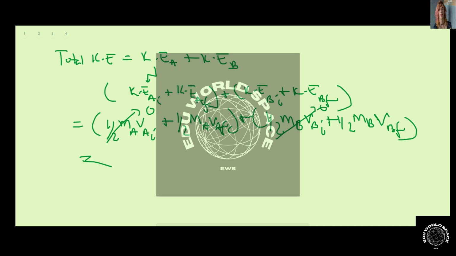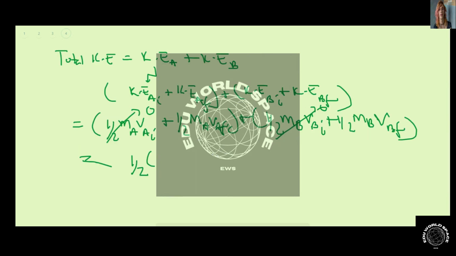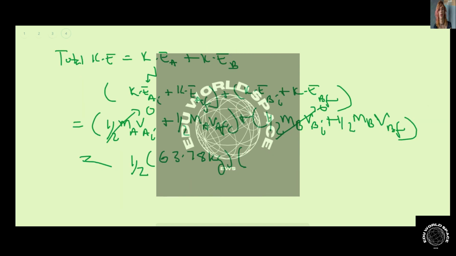So the total kinetic energy is just composed of the final kinetic energy of the two cases: 1/2 times 63.78 kilograms times the velocity of A final, which we computed in the previous section, negative 1.74 meters per second.